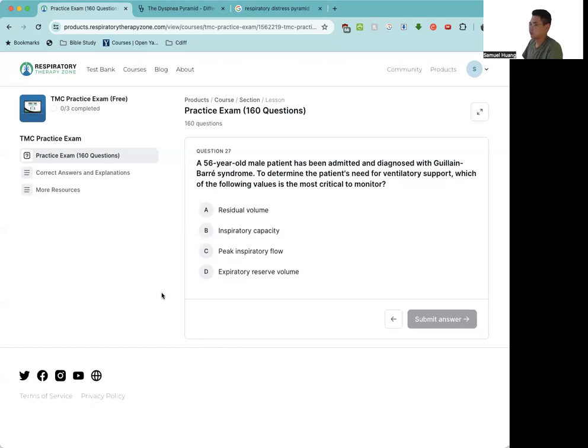Guillain-Barré syndrome. Within Guillain-Barré syndrome, you see ascending paralysis, decreased reflexes. You want to get their NIF value, negative inspiratory force, because this is a neuromuscular problem.